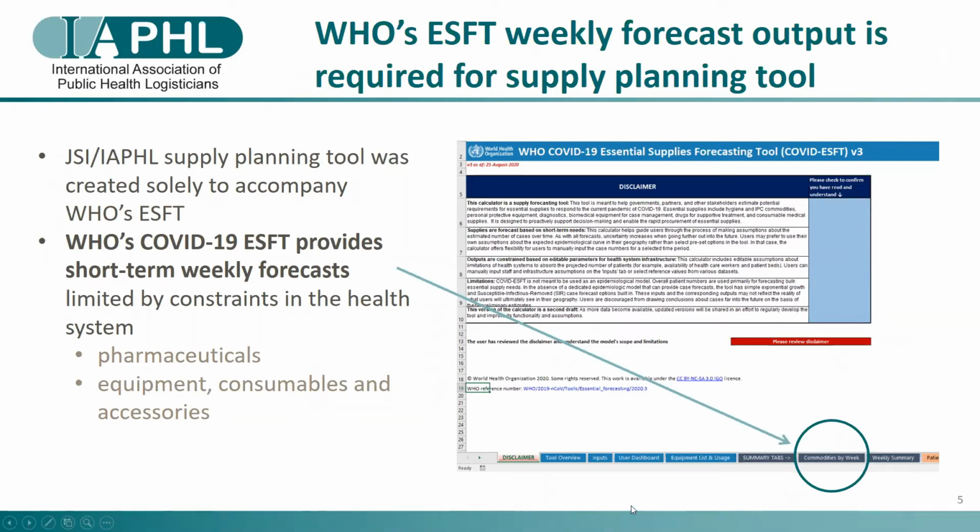They forecast the demand for pharmaceuticals, equipment, consumables, and accessories. In version 3, a new version, once you're done determining all your limitations, constraints and variables in your health system and in your model, you will have results that come out under the tab called Commodities by Week.